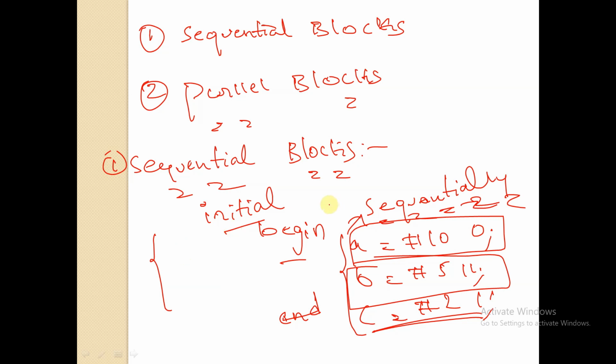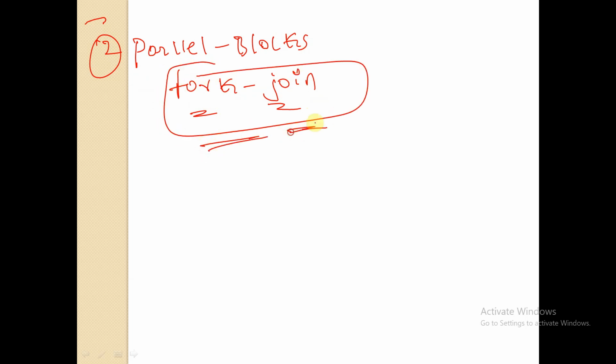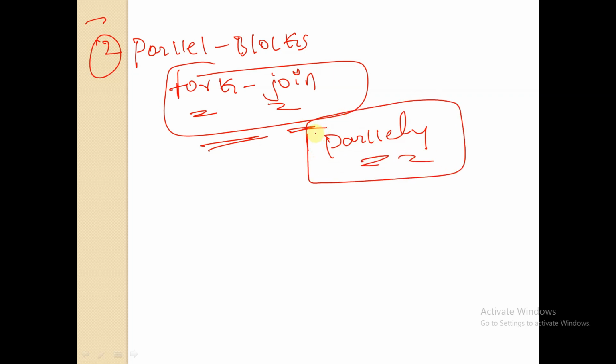We have another type of block, which is the fork join block, or parallel blocks. For using parallel blocks, we can use fork join. When we write fork join, the statements written inside it will execute parallelly, not sequentially.